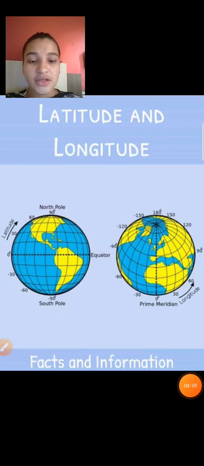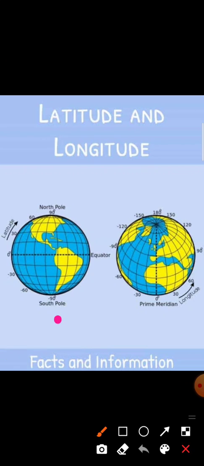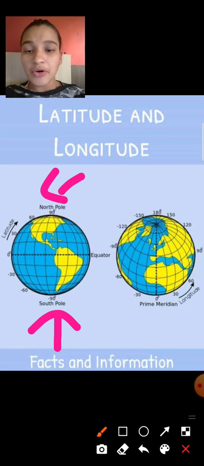Out of which 0 degree and 180 degree longitudes are important. So a total of 360 degree longitudes are there, and in that 0 degree and 180 degree are important. Let me show you the picture of latitude and longitude. See here, you can see the picture, right? Here are the south pole and north pole.